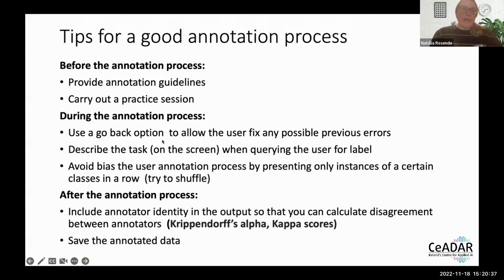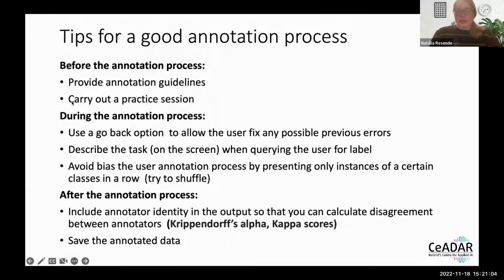So, tips for a good annotation process. Before annotation, if you are creating an active learning system, it is important to provide annotation guidelines, as I showed you here. That could be displayed on the screen, or you can also guide the user on how to use the system, right?